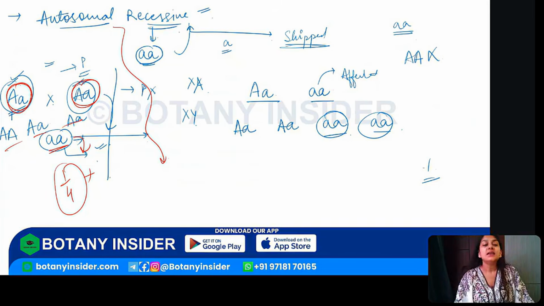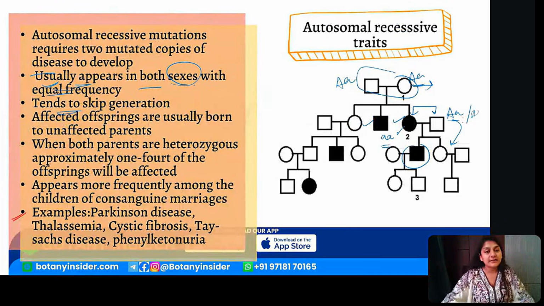Consanguineous marriage is when the marriage is there between close individuals, right? When it is between the two opposite sexes of very close relation, right? So in that scenario, the chances of the autosomal recessive trait being expressed are higher.